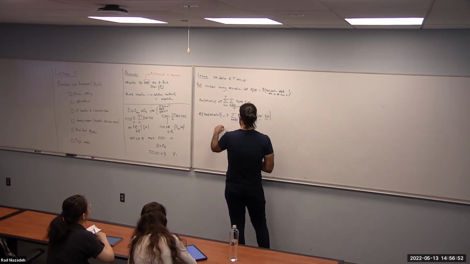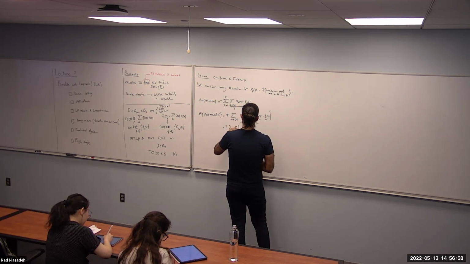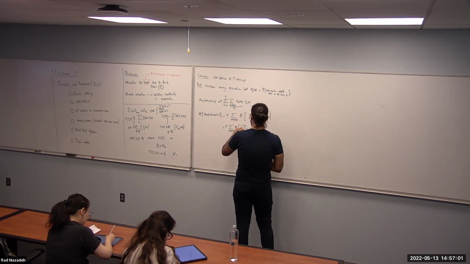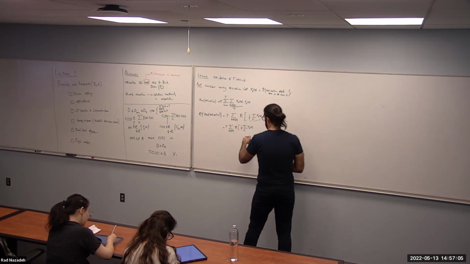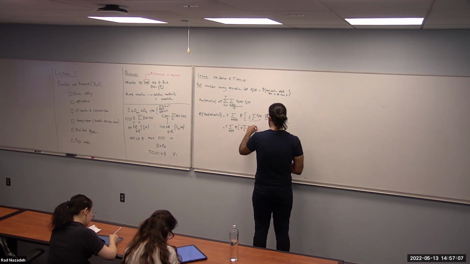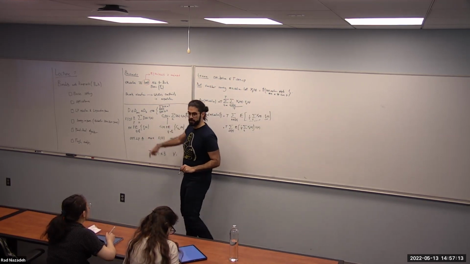So this is going to be equal to T times the summation over a in k, expectation of 1 over T, sum over t, X_t(a), whatever this thing is, I don't care. And then the expectation of r_t(a) will be equal to r(a). That's the definition that we have here.